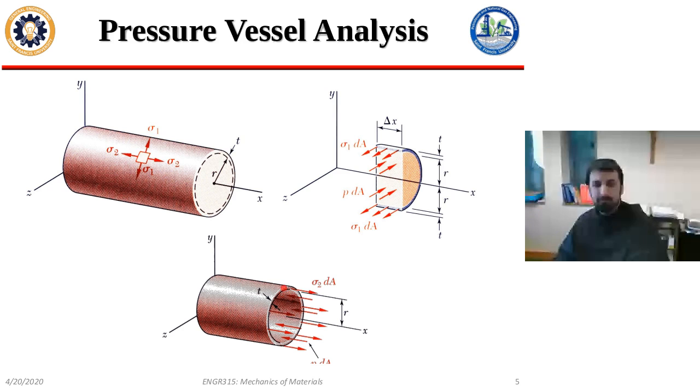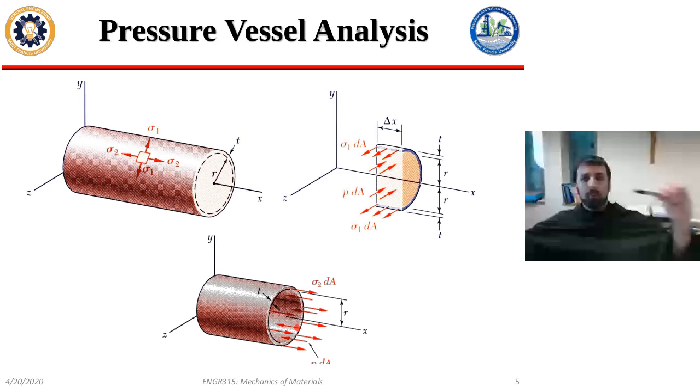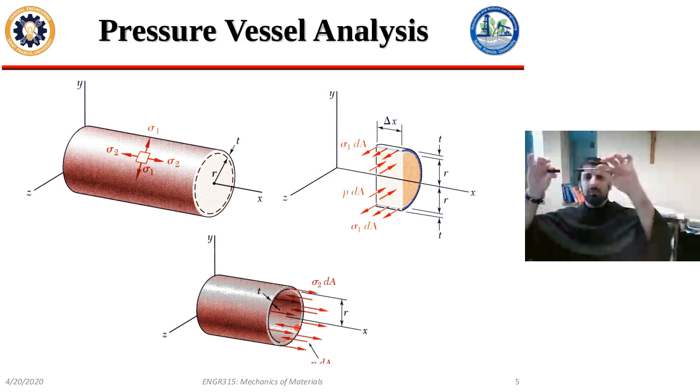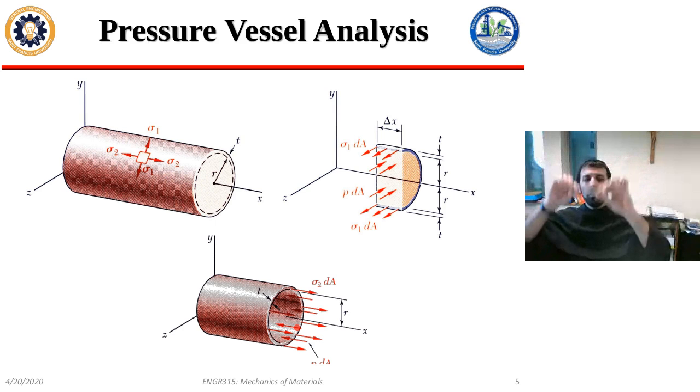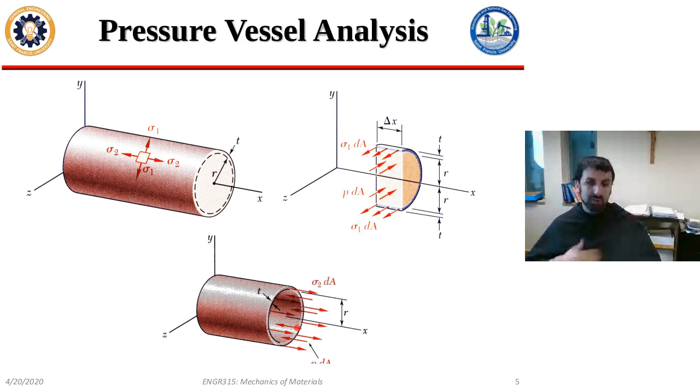In that circle, the pressure is trying to pull the vessel apart like that, and we found the amount of stress that the internal pressure causes in the material in that direction.